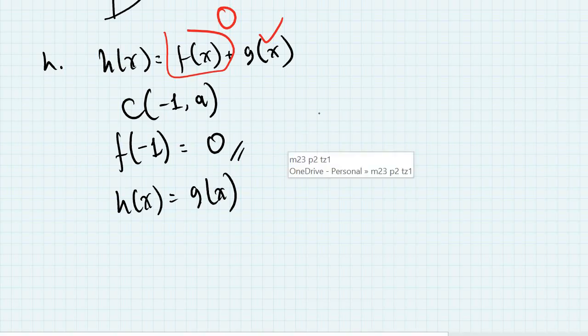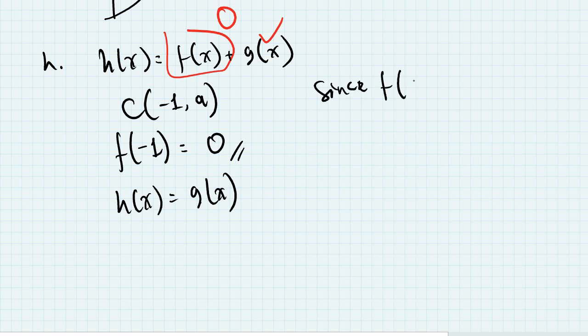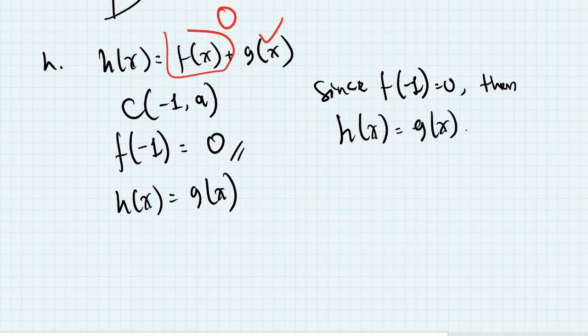So how do I write it? Since f of negative 1 equals to 0, then hx will equal gx.